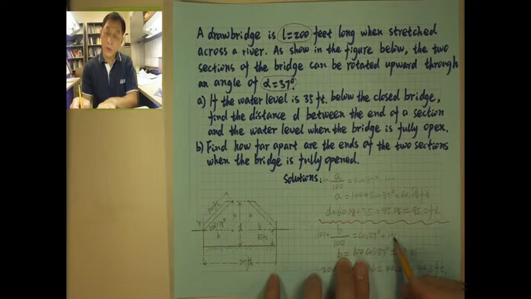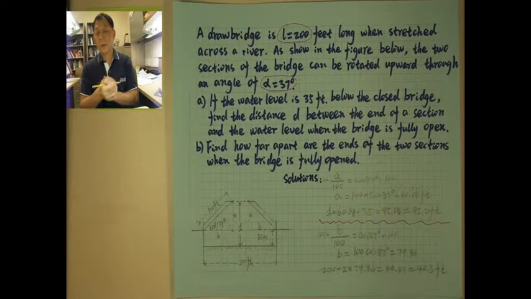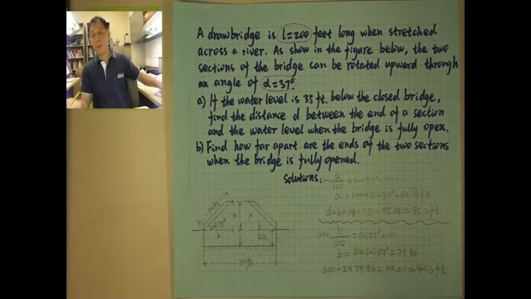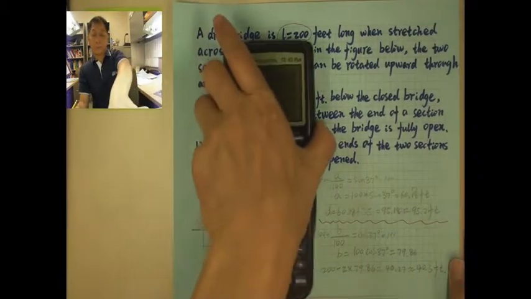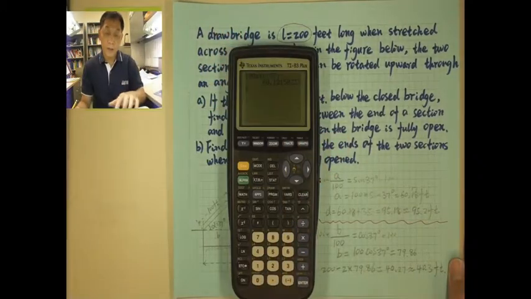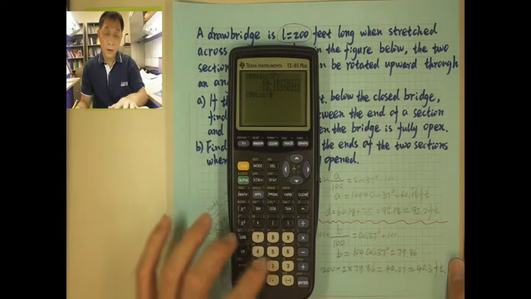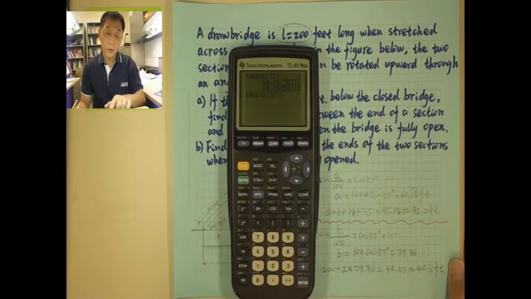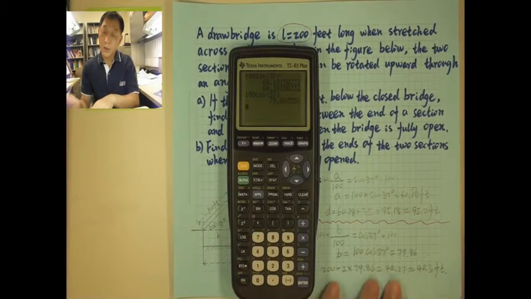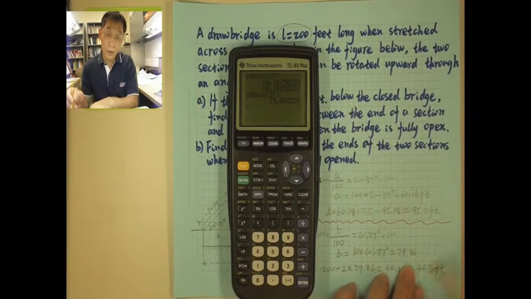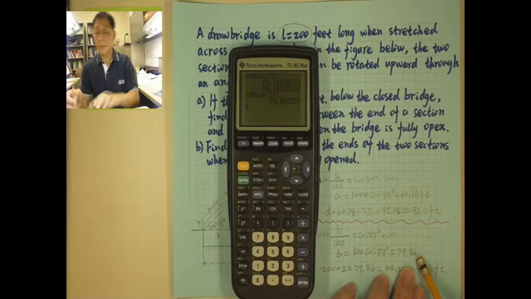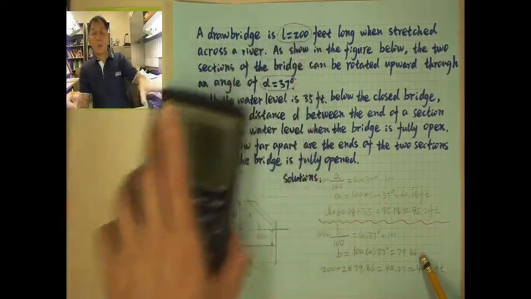Right hand side is 100 times cosine 37 degrees. So you have a B. And then you need to use your calculator to find out the value. 100 times cosine 37 degrees. You hit enter, you have 79.86. That's the middle step. You need 2 digits. You have a B.